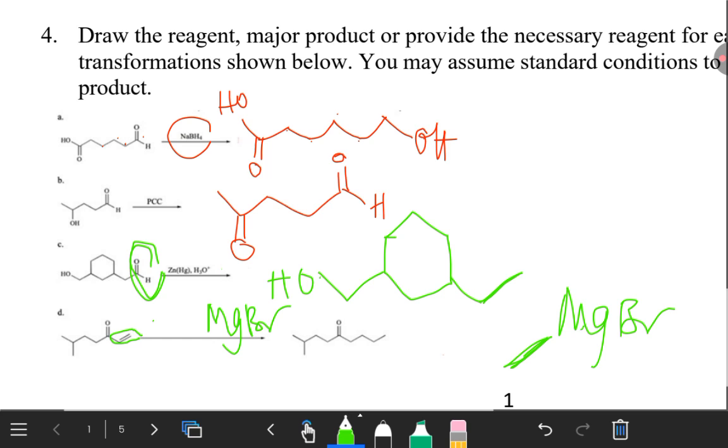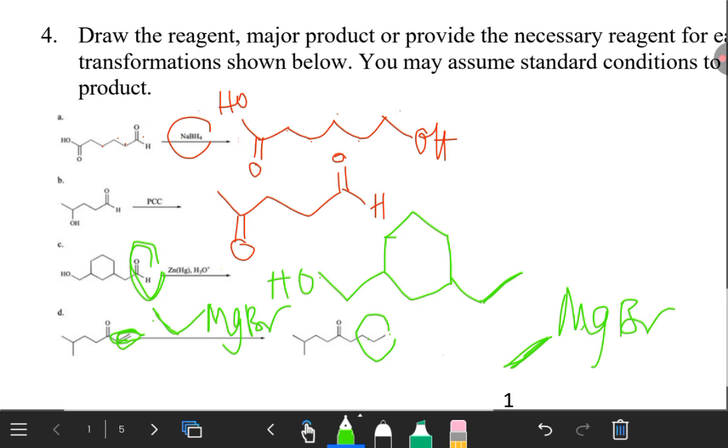So from this bond you can see there are about 2 carbons which were added, so 1, 2, actually there are 3. The 3 carbons were added after the double bond was broken. So meaning that we just need to attach a propyl to this Grignard reagent. So it was just a propyl like that.